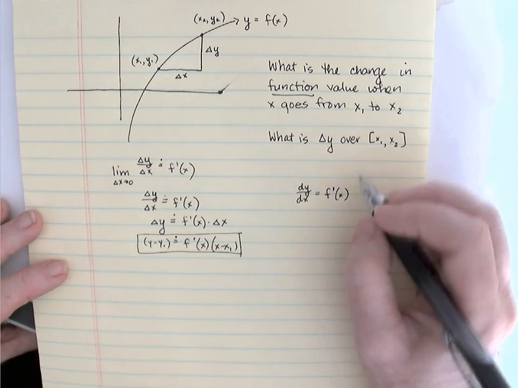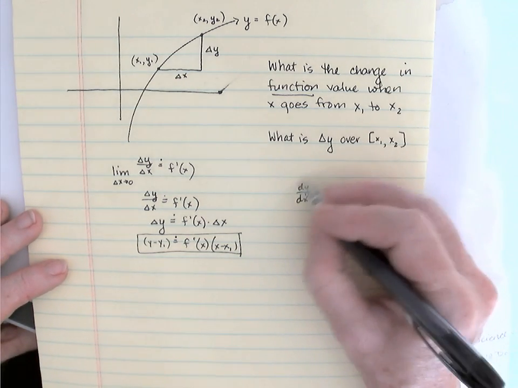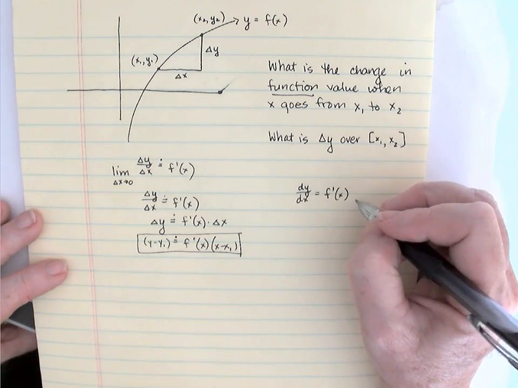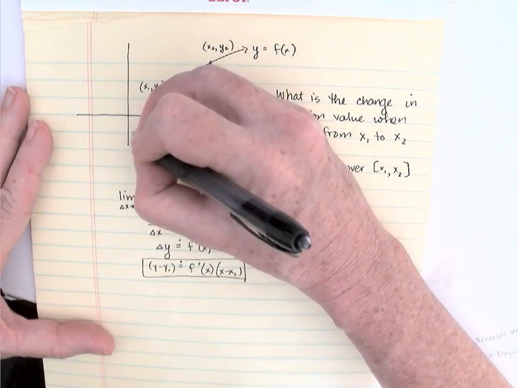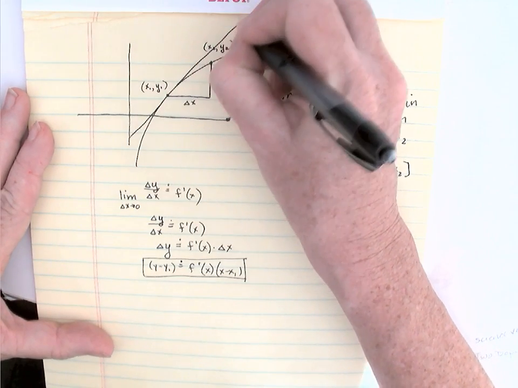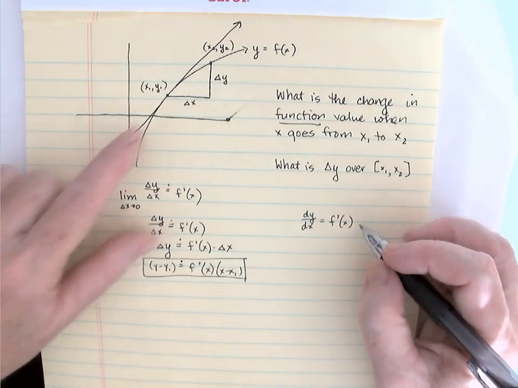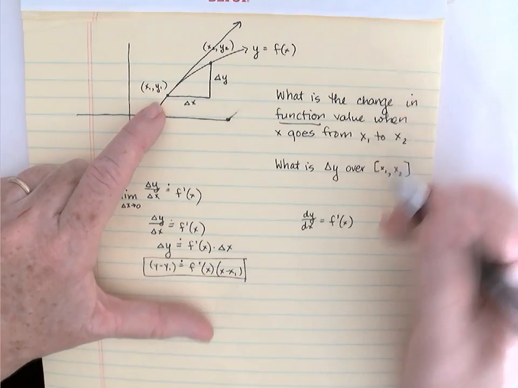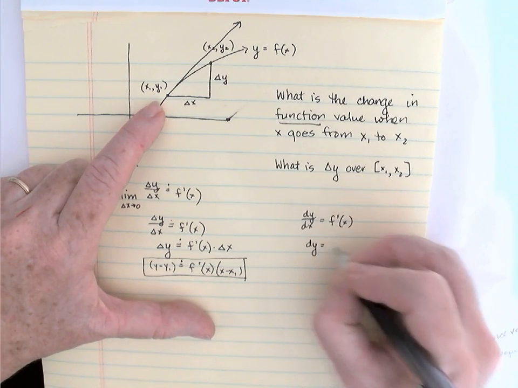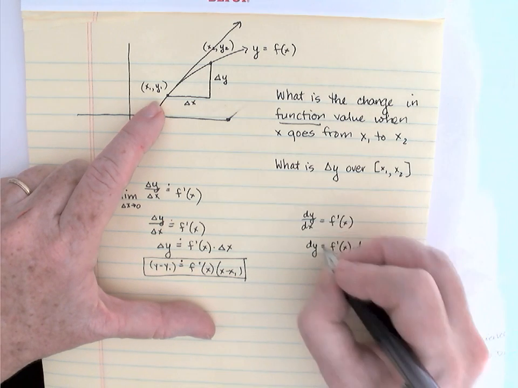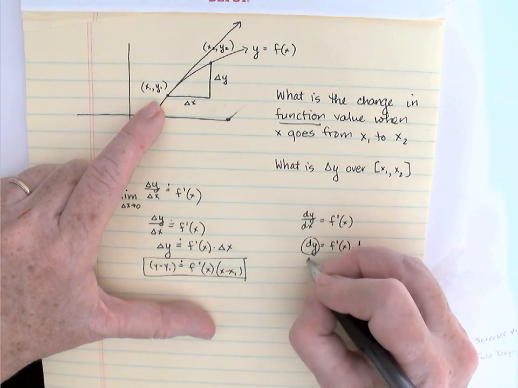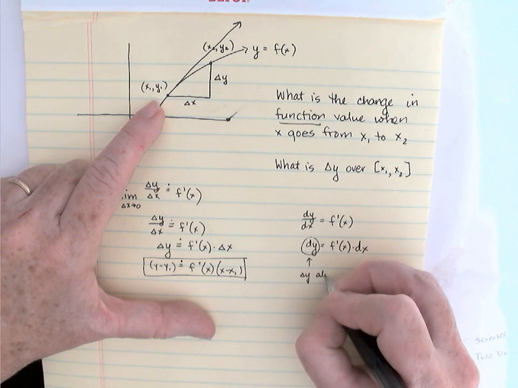But if I was going to talk about this, I'm not really referring to the function at all. I'm really referring to, in fact, if our point of tangency was at x sub 1, the only thing I'm really talking about is the points on this line. So if I then said dy is equal to f prime of x times dx, this is my change in y along the tangent line.